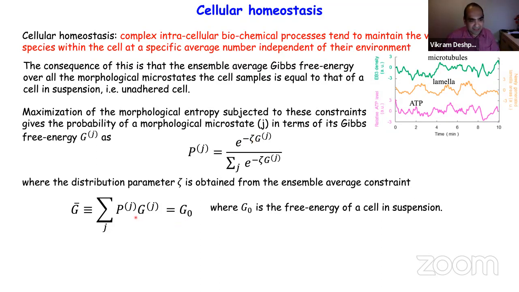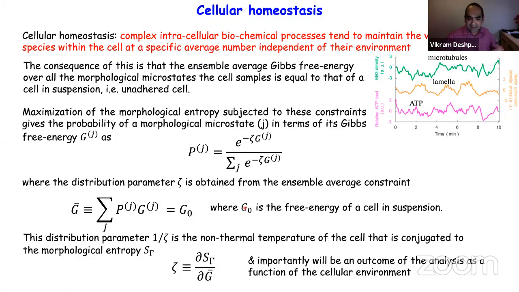You choose that temperature, which you don't know, such that the average Gibbs free energy over all these morphological states is equal to G0, which is the cell in suspension. The physical meaning of this distribution parameter is very difficult to understand. Mathematically, it's the conjugate of the free energy to the morphological entropy, but we will physically try to understand what that parameter means as we present the results.